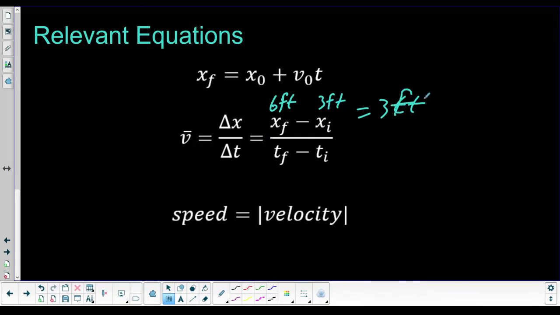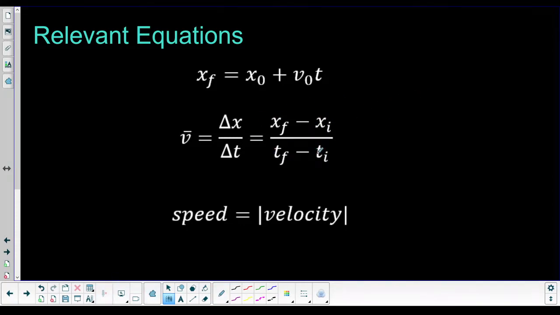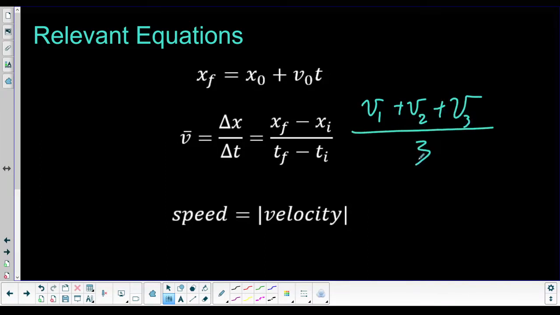Oh, that should be an F, not a T. Okay. So change in position divided by change in time. Final position minus initial position over final time minus initial time. Okay. This is the average velocity. When we say average velocity, we do not mean velocity plus velocity plus velocity divided by the number of velocities.